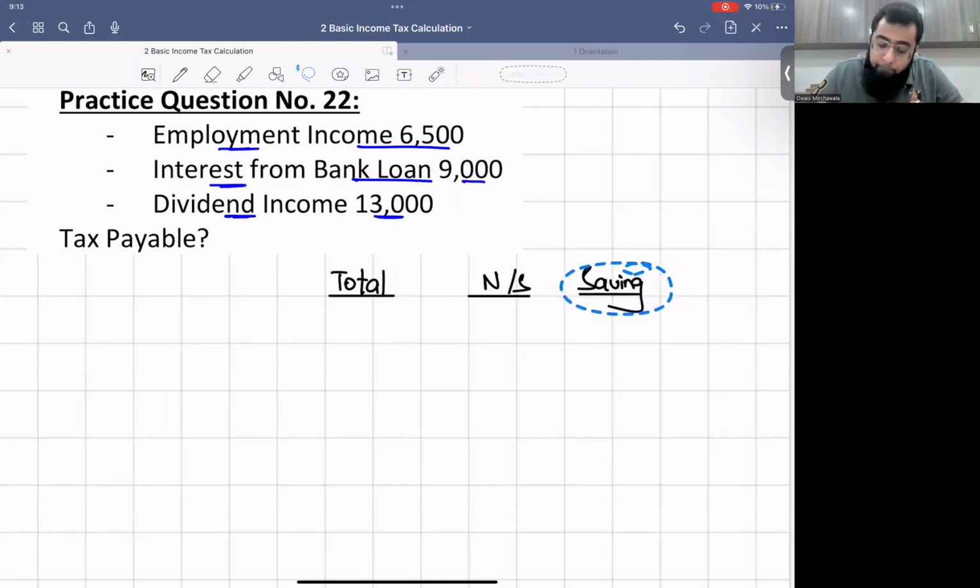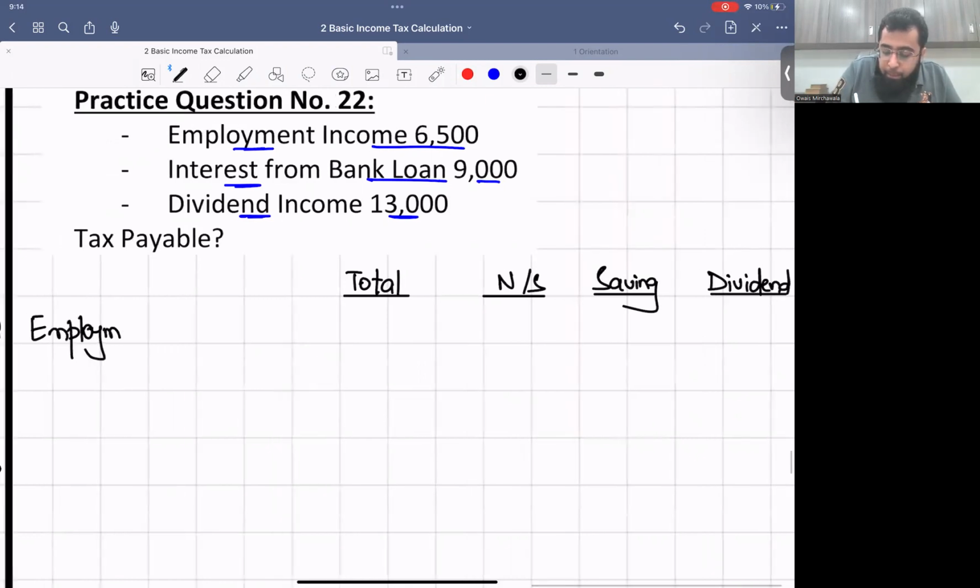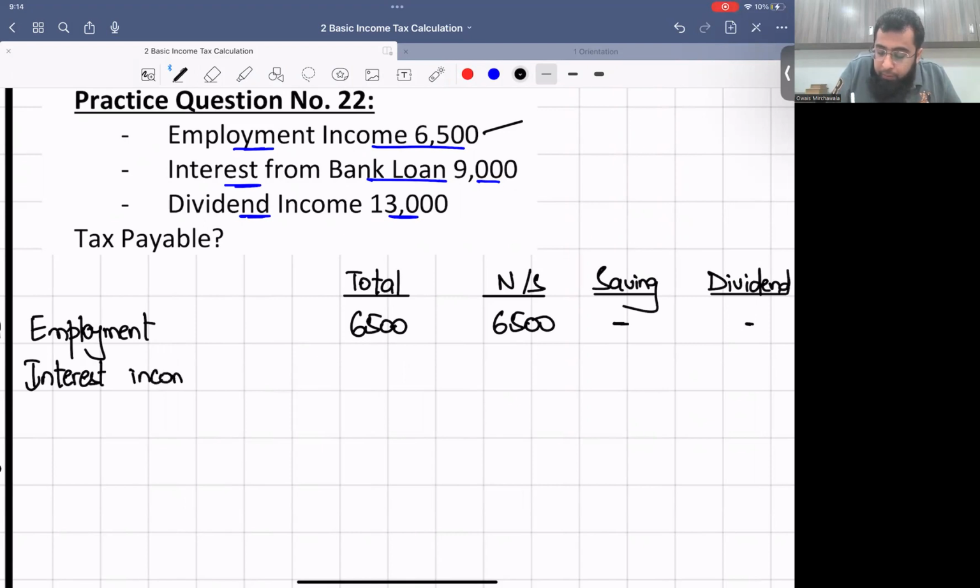Now, let's classify the income first. A routine question. Employment income, 6,500. We will put it in total and in the column of non-saving. Then we have interest income, 9,000.